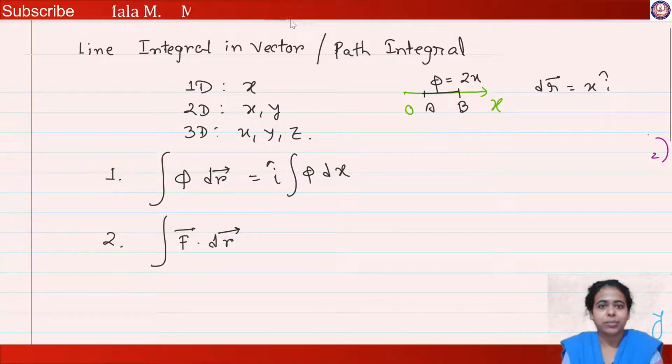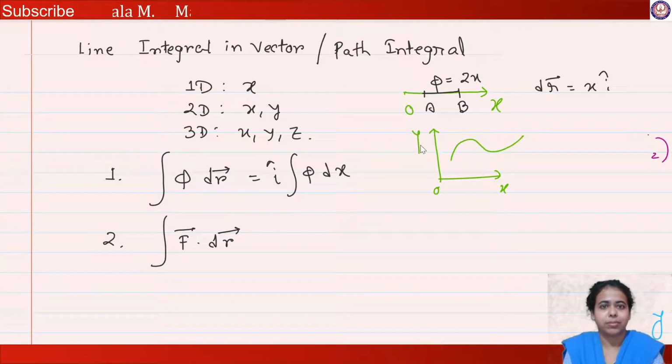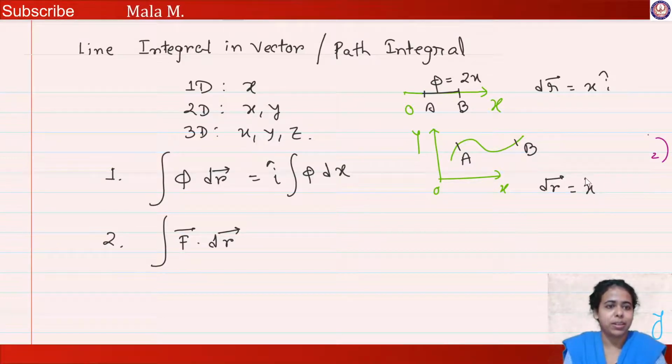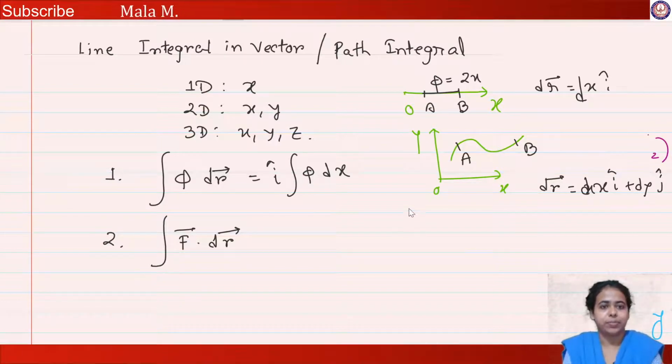In 2D, if we integrate any function from A to B, then our dr simply will be dx i plus dy j.